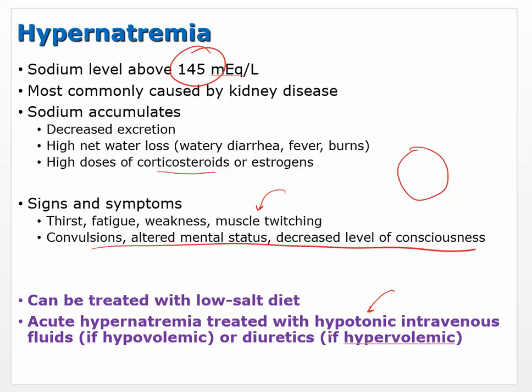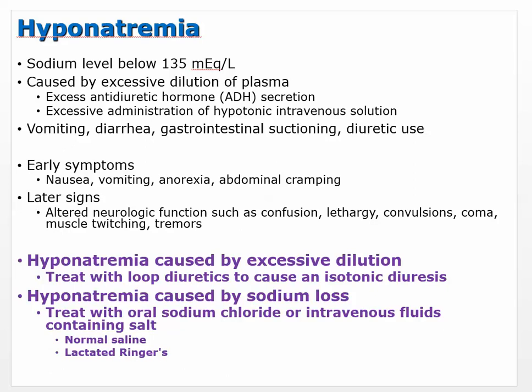Or really diuretics if you have too much volume. Okay, hyponatremia, that's below 135, caused by excessive dilution of the plasma. So now we have too much water or excess antidiuretic hormone.